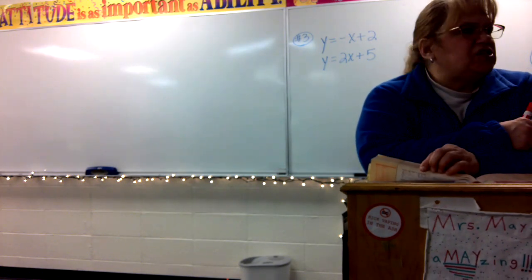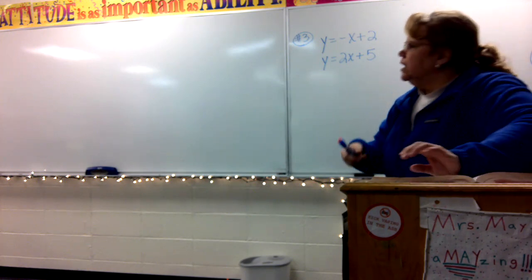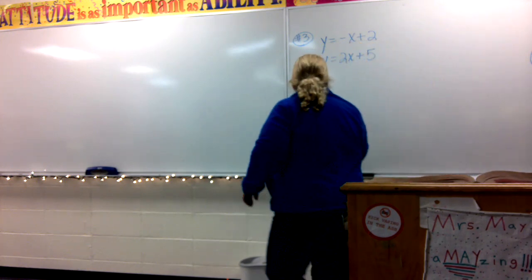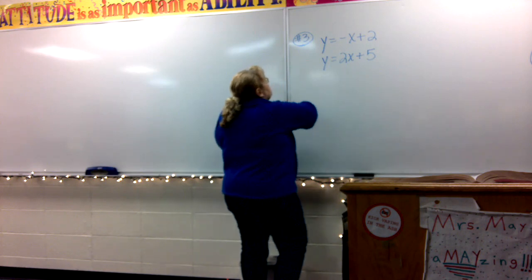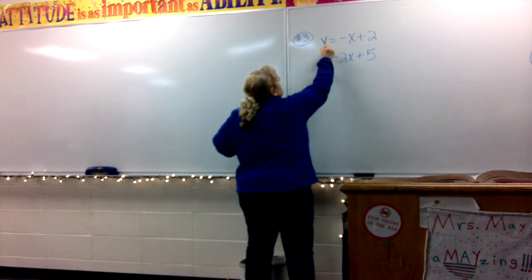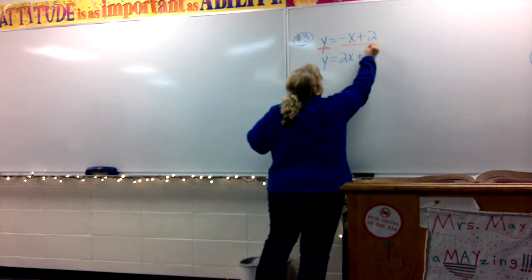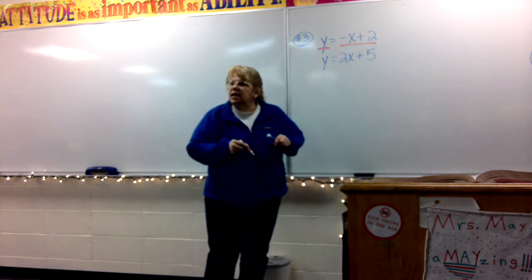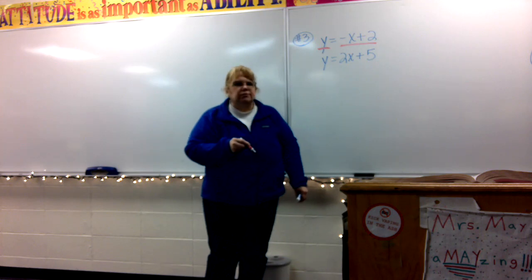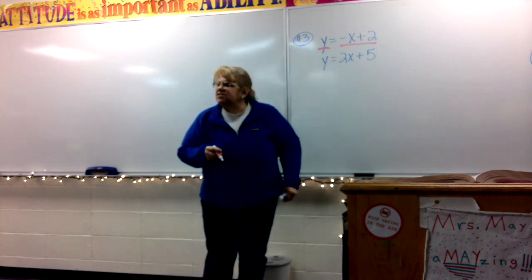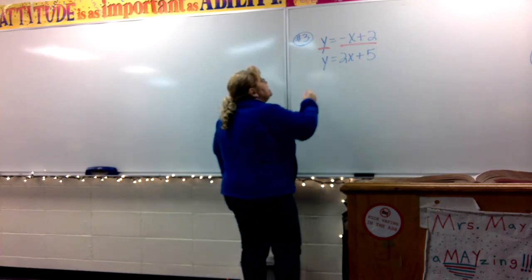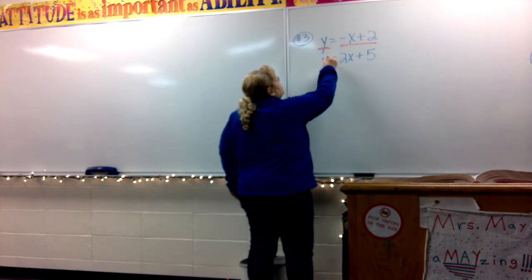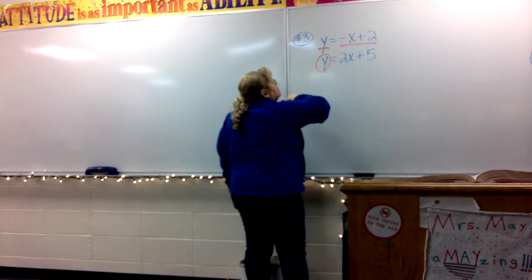We're going to substitute. This is number 3 on your assignment. Do you see up here, it tells you y equals this, right? It tells you what y is equal to. So we're going to substitute. Do you see the other equation here? This y right here.